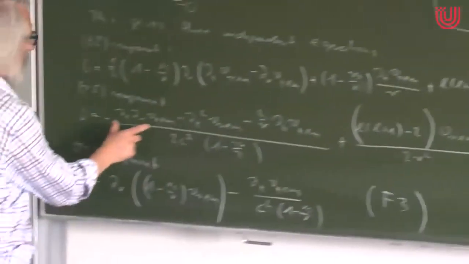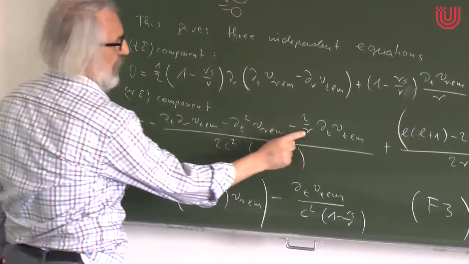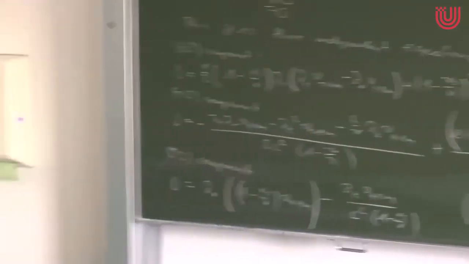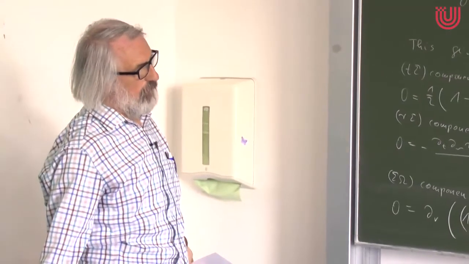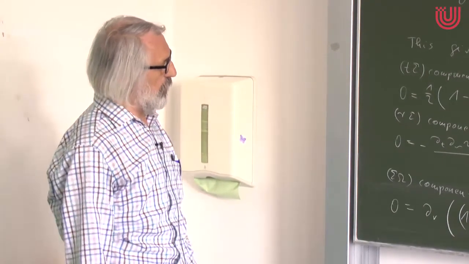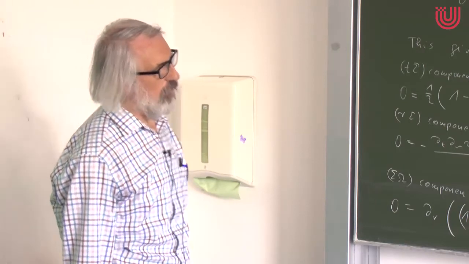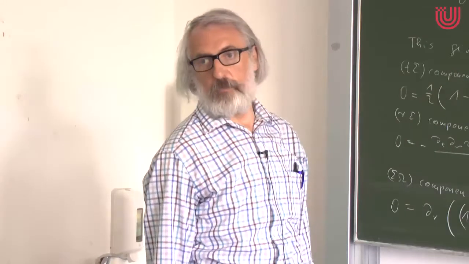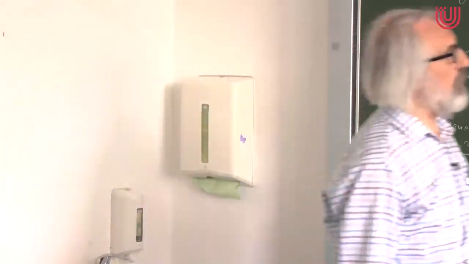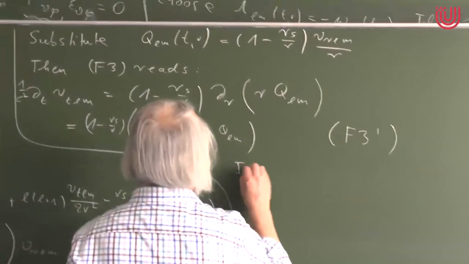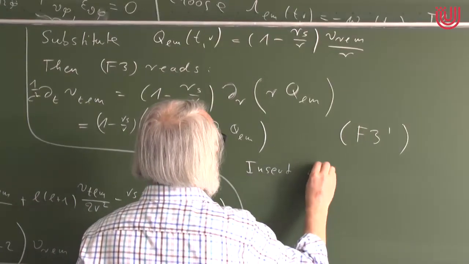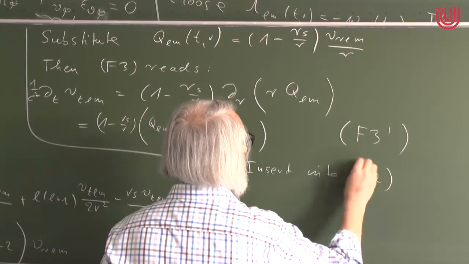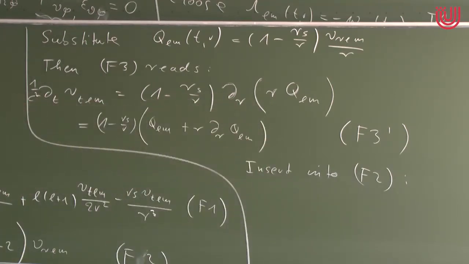Yeah, the time derivative of Vt, which I have here and which I have here. I can replace them, and then I get rid of the VTLM altogether. Then I have an equation for VRLM, which is the same as QLM alone. So I have decoupled the system. If I insert this into F2, so let's do this. Here's F2, so I have a 0.